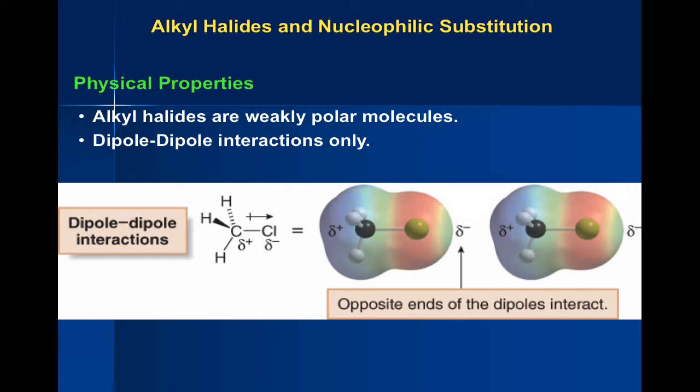The drawings that you're seeing here are actually created by that Spartan software that I told you costs a couple $1,000, right? These are called electrostatic potential maps. They show us the dipoles graphically, okay? Areas that are more red have more electrons or more negative charge around them, if you will, and the areas that are more blue are without electrons or electron deficient, if you will.